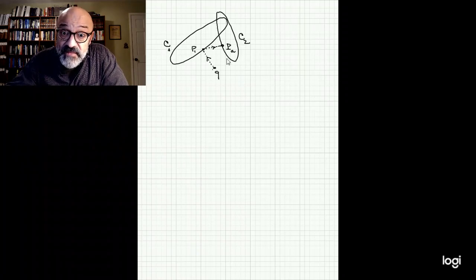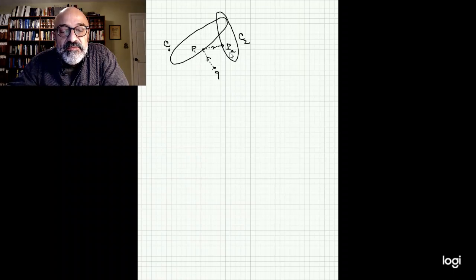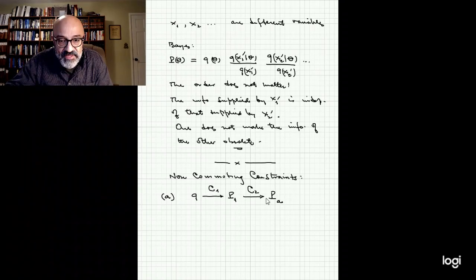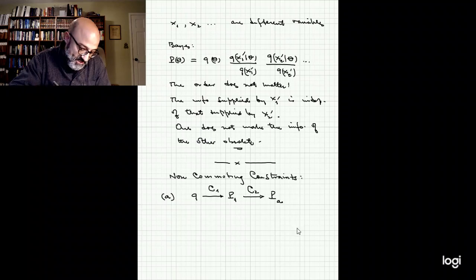These are the allowed probability distributions. Anything outside is ruled out, including the old probability distributions that will land in here. And so I'm going to say C1 is obsolete, C2 is the one that replaces everything. I'm going to go from this prior to a probability distribution that satisfies C2, and that gives you PA. That's the posterior.